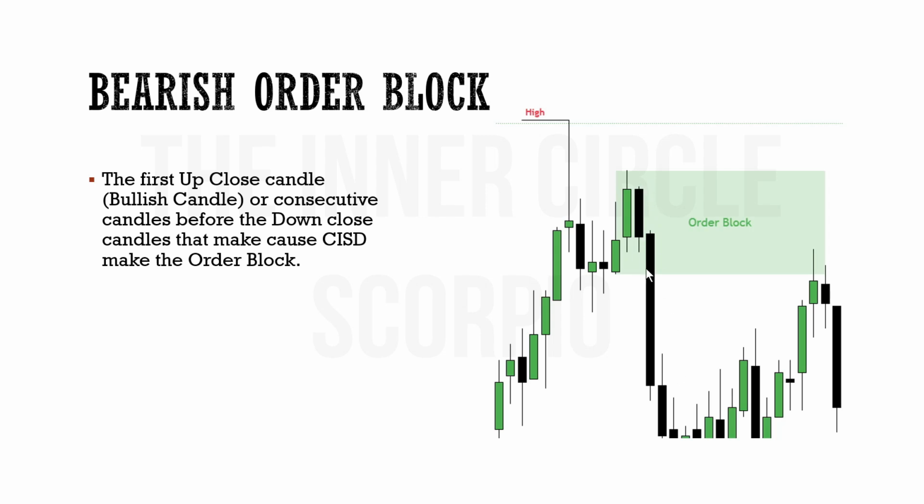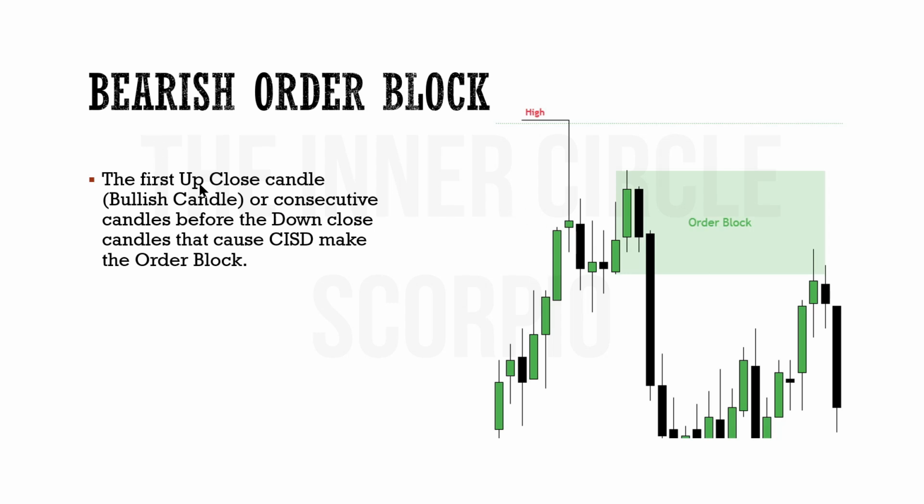So when big down close candles are created, the first up close candle before that, or consecutive up close candles, are called an order block. If we are going down, the up close candles are the order block, and what the algorithm does here is fire short orders for smart money.